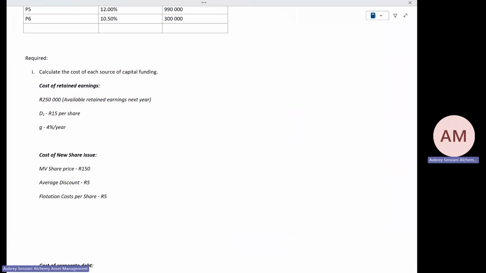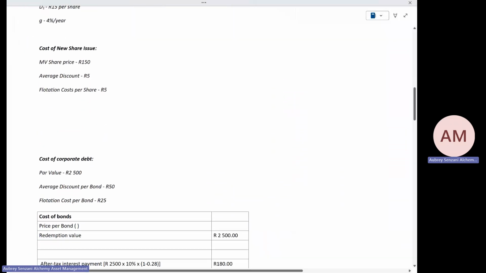The corporate bonds pay an annual coupon of 10% and have a maturity of 10 years. Okay, so there you can see we have quite a few important details when it comes to the corporate bond.